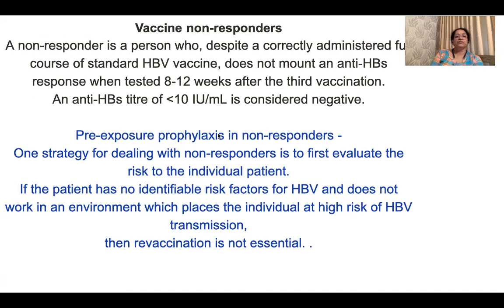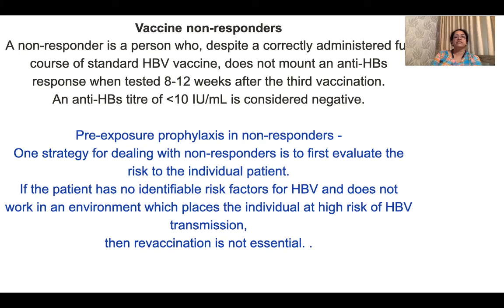There is one more category, vaccine non-responders. A non-responder is a person who, despite a correctly administered full course of a standard HBV vaccine, does not mount antibodies against surface antigen when tested 8 to 12 weeks after the third vaccination. The anti-HBs titer in such a category is less than 10 international units per ml, and they are considered negative.